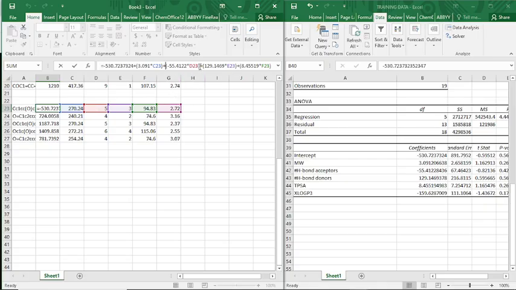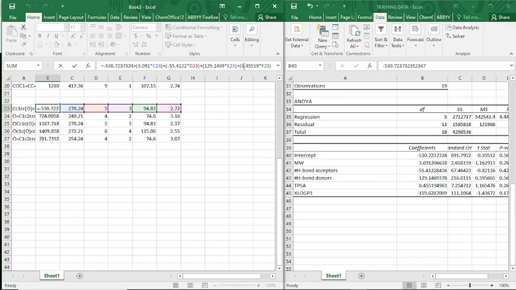You close bracket, plus, you open bracket. The coefficient of hydrogen bond donor, 129.14, times E23, which is the value of the hydrogen bond donor. So you keep doing it till S log P3.